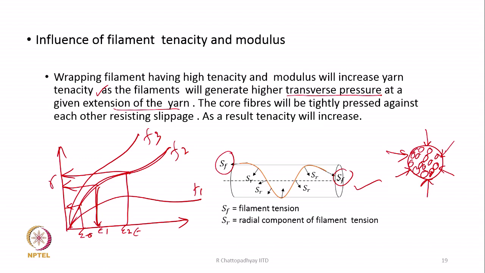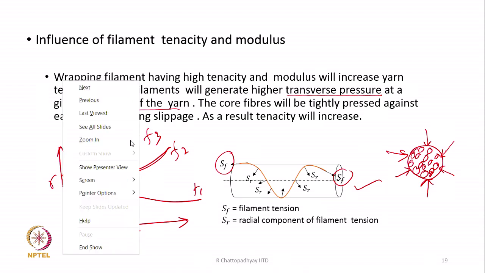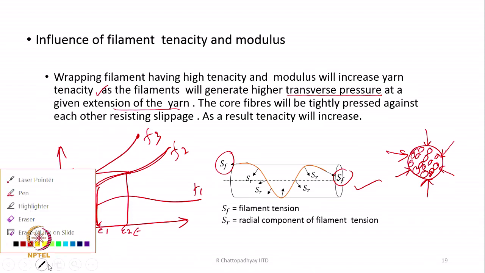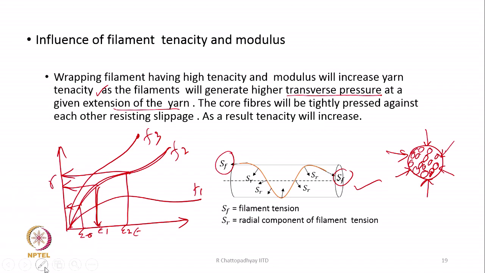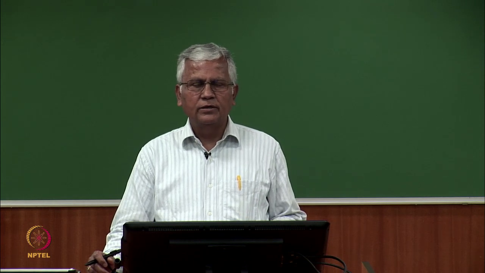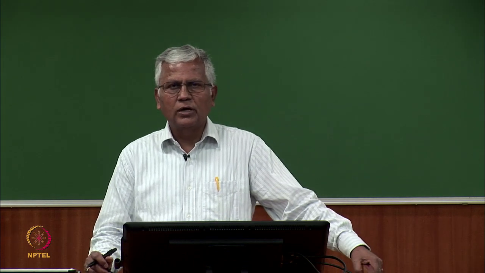and the other thing depends on the tenacity, what is the value at the time of failure. If the tenacity is high, the strength of the yarn as a whole will also be more. If the modulus is high, the yarn is going to be very strong as well.